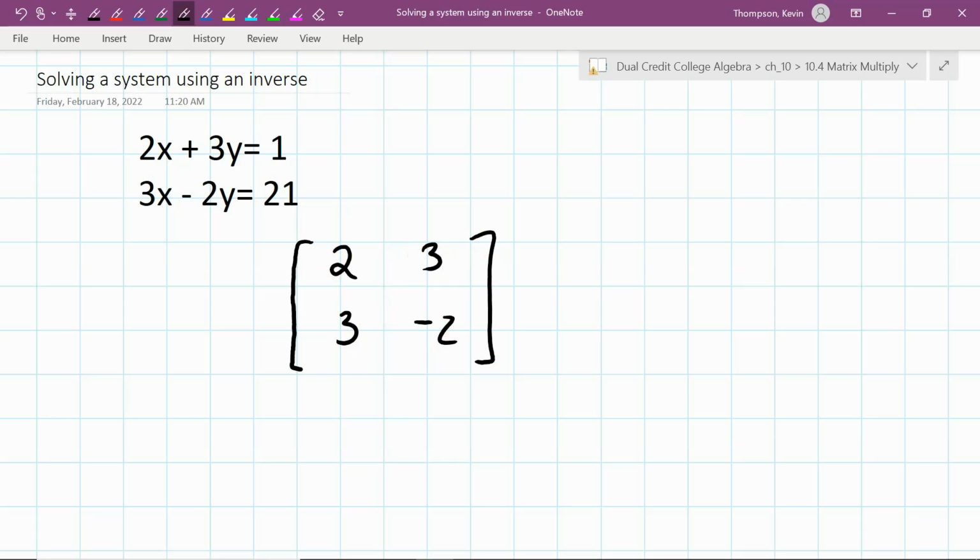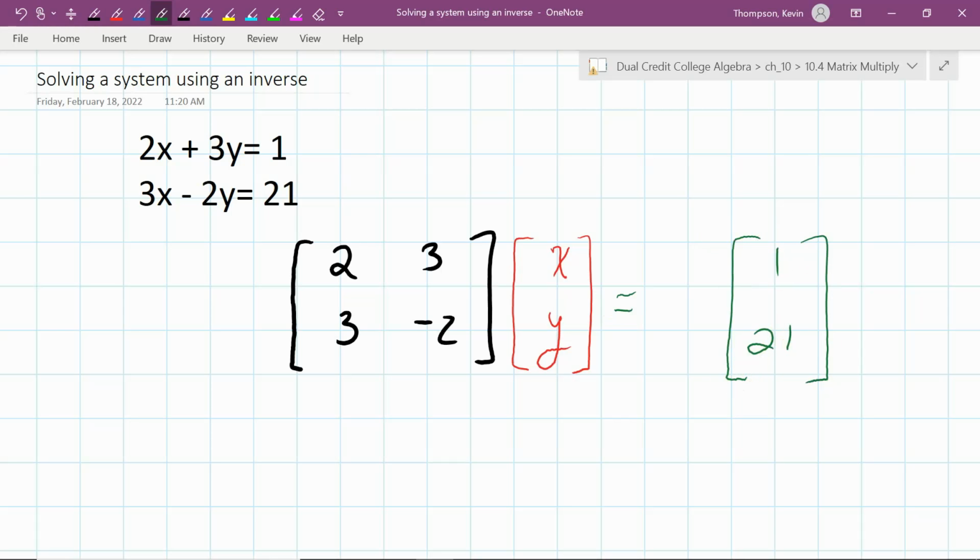So it's a little different than that augmented matrix. Remember, that's the augmented, the RREF, where we put the equal sign there. We're just going to put the coefficients. And then we're going to multiply that by this matrix X, Y. And we're going to say that that equals our matrix 1, 21.